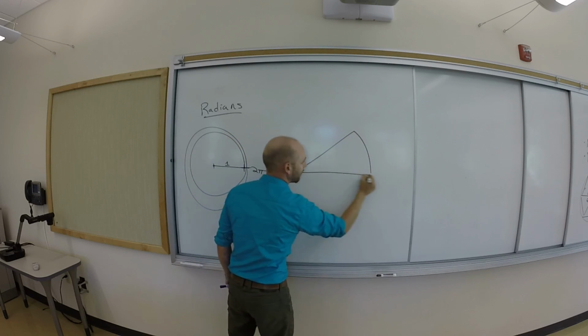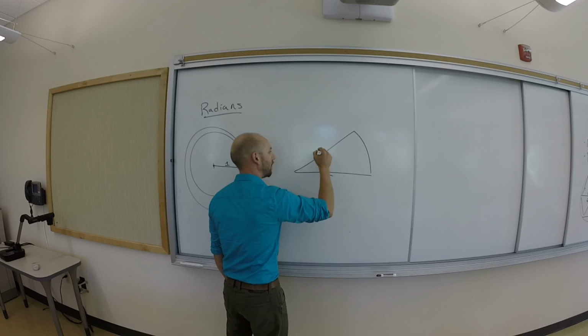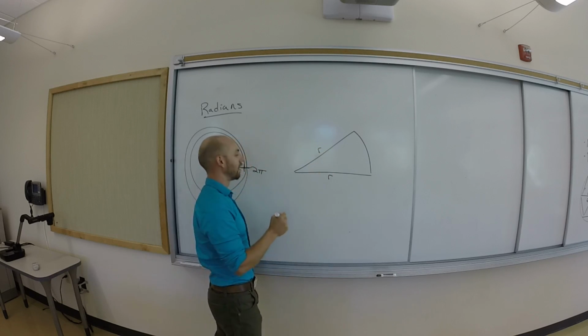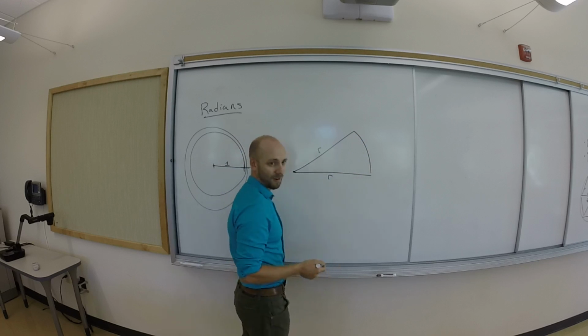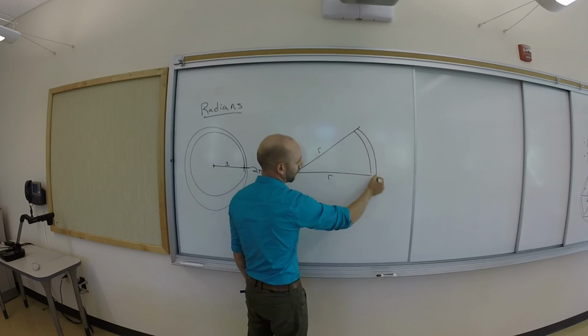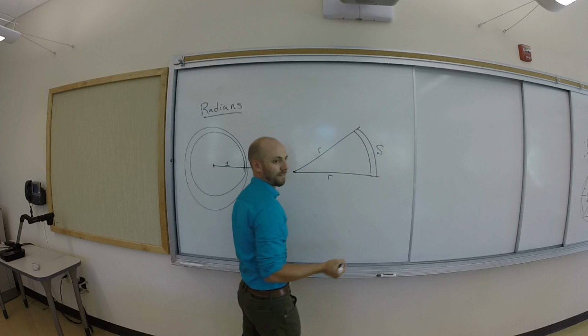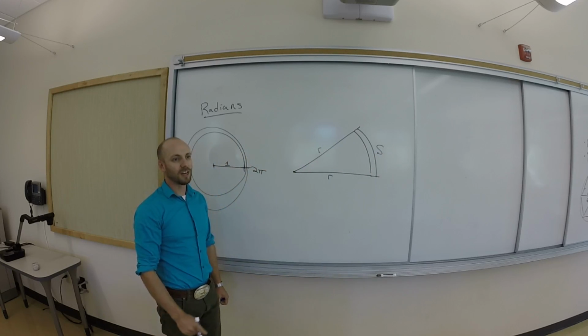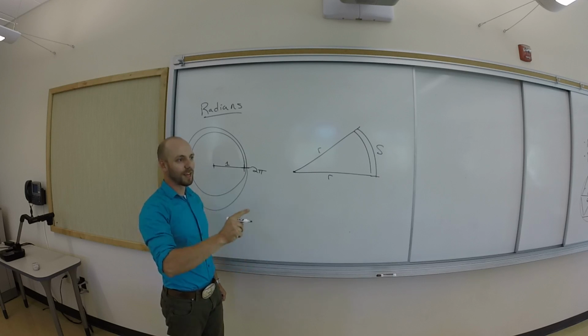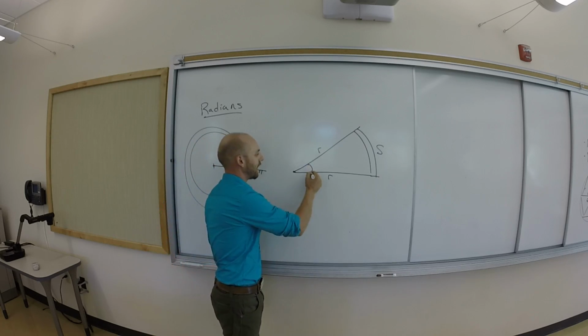Here's a slice out of the unit circle. This is radius, radius, out of a circle. There's some length here. I'm going to call this length S. You see that if I tell you a radius and a length, that makes an angle?